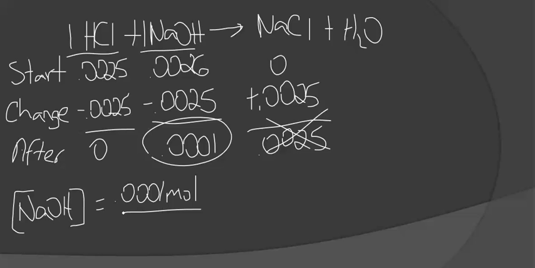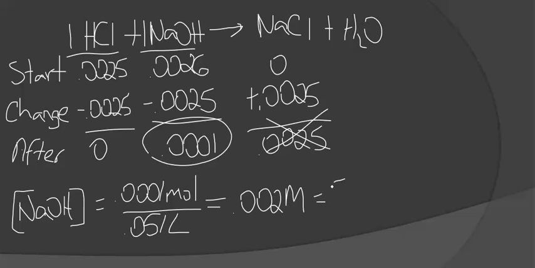Now the total volume is 25 mL plus 26 mL. Put that in liters, 0.051 liters. So the concentration of NaOH after the reaction, 0.002 molar. Since this is a strong base, that's also the concentration of hydroxide.